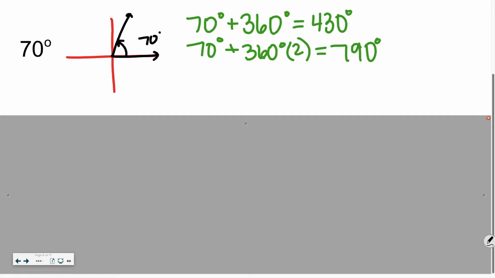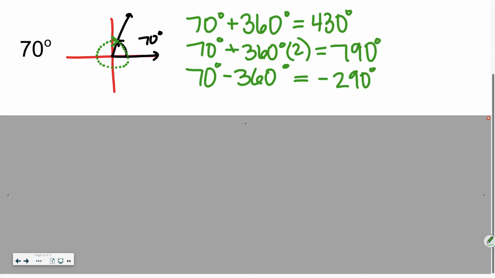So here is 70 degrees. From the terminal angle, we could rotate in the opposite direction, 360 degrees. Okay, so you can see here we have this angle. So we can say 70 degrees, subtract 360, and we would have a negative 290 degree angle.